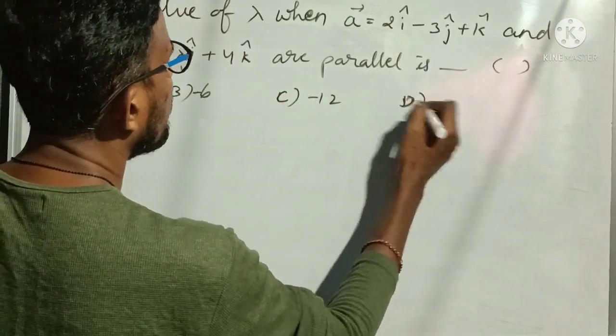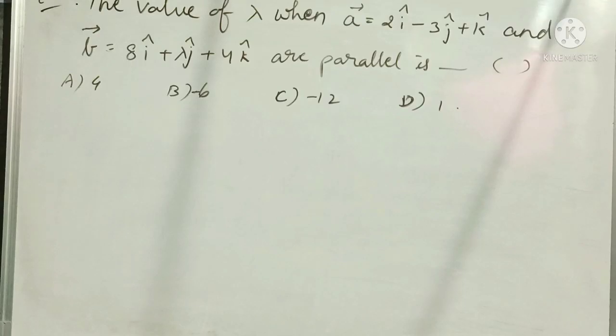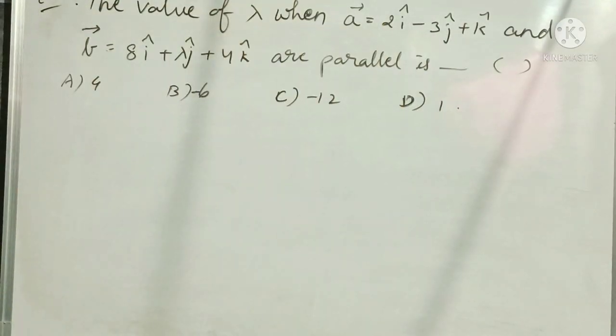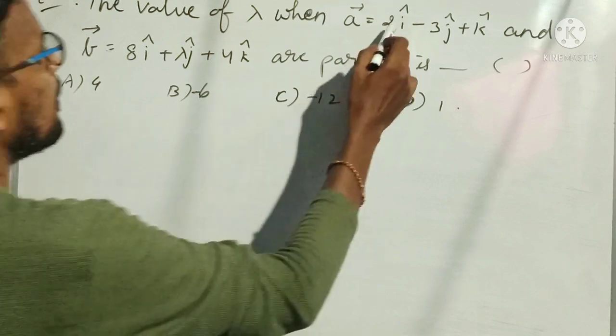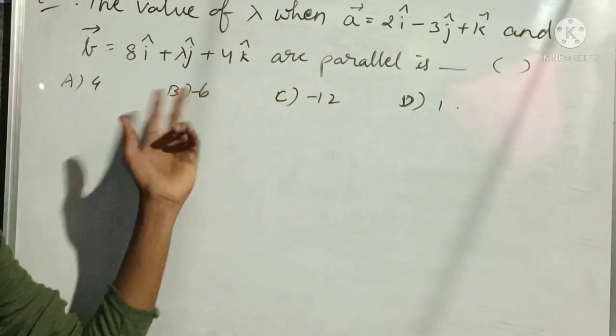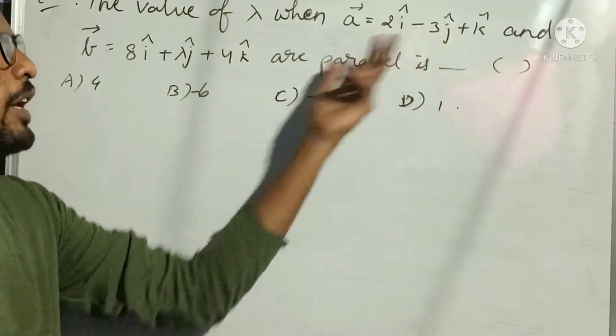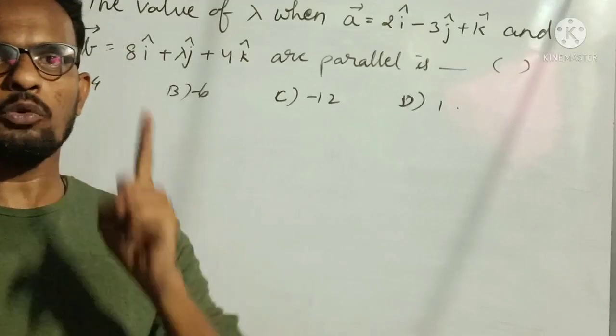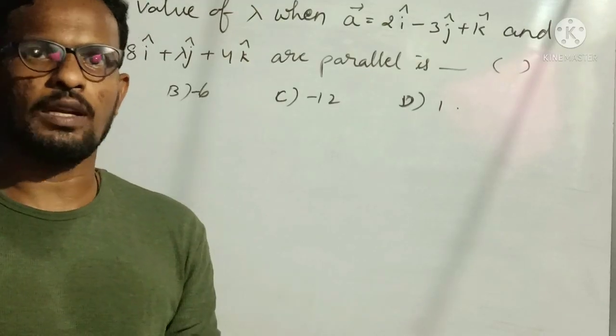option D is 1. Okay, so already we have two conditions for when two vectors are parallel, right? That is, a bar is equal to lambda b bar is the first condition, and we know that when two vectors are parallel, then they are proportional, right? So I am using the second condition, that when two vectors are parallel, they are proportional.